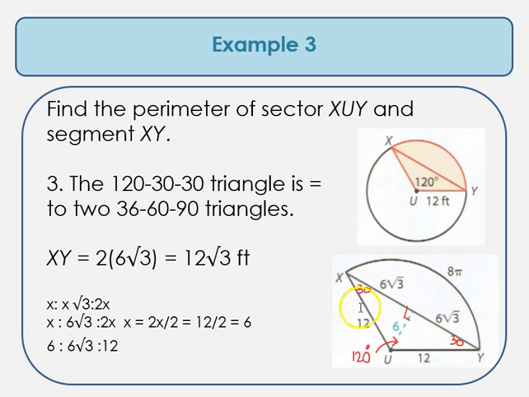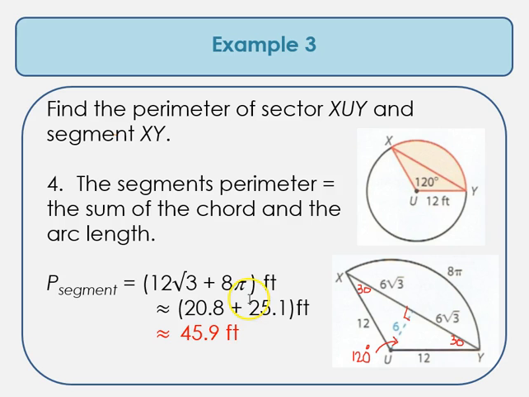So we know that we have a hypotenuse of 12, which is equal to the 2x in our ratio. So that means x will be half of 12, which is 6, and the long leg will be 6 square root of 3. So the length of the chord will be 2 times 6 square root of 3, which is 12 square root of 3. A lot of steps there.